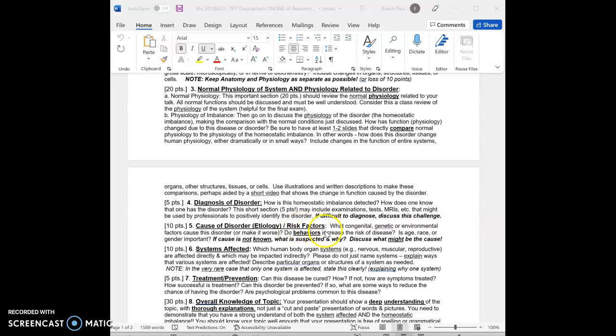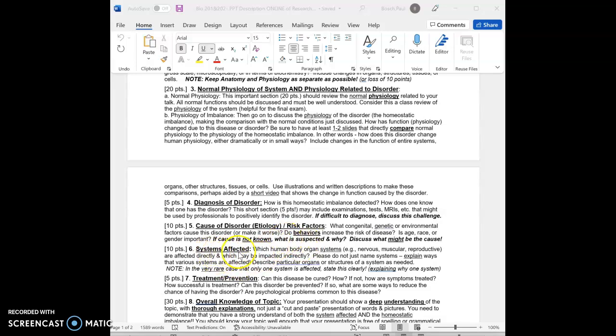What are the risk factors? Do certain behaviors affect whether you get the disease? Does it matter your age or race or gender? And then again, if the cause is not known, what do people suspect? You won't find that people just throw up their hands and say, we have no idea. There'll be ideas about the cause and diagnosis.